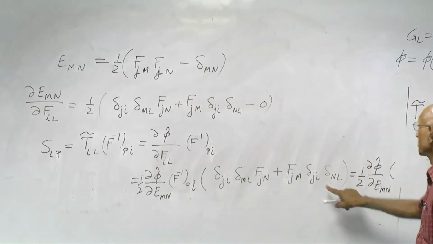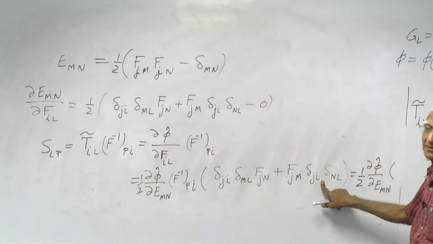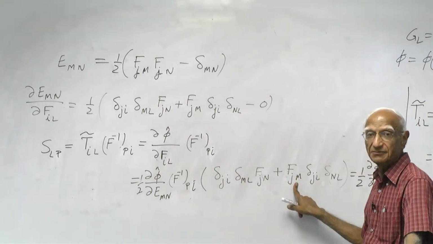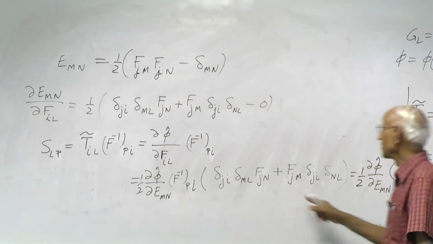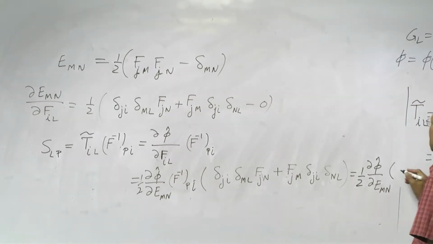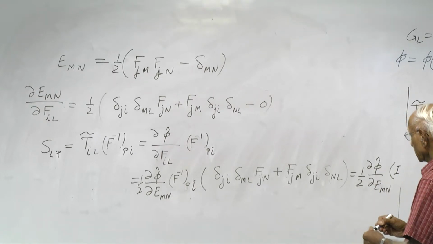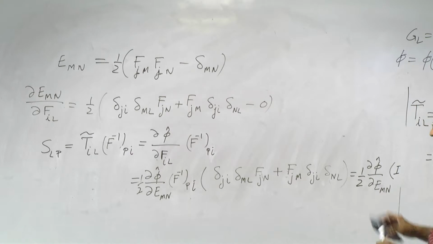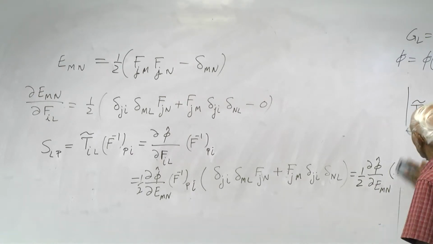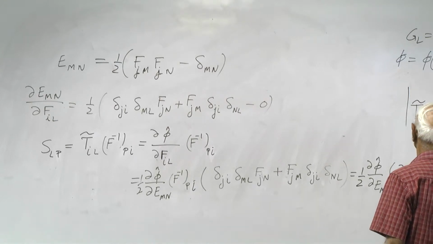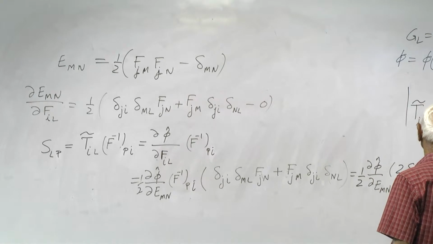F inverse I now gives you J. F inverse F, identity. So what you get then is basically identity. That's LP. So you get twice delta L m delta P n.